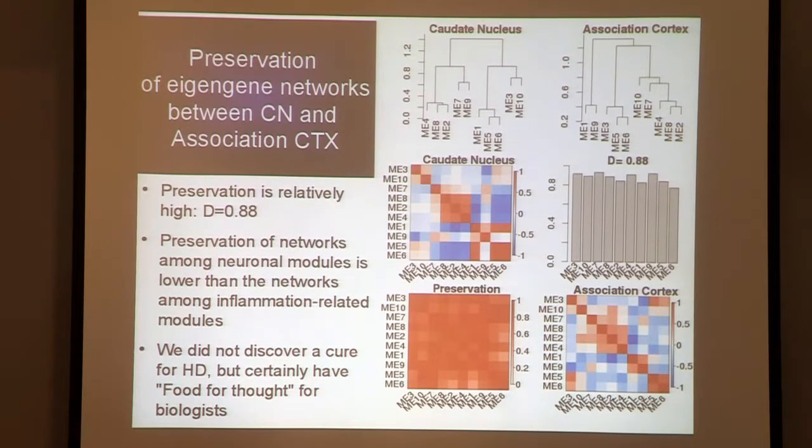This hasn't been super useful yet in terms of really discovering the underlying biology or cure for Huntington's disease, but it certainly provides at least some food for thought for biologists. It provides something that we can go to the biologists and ask, does this make sense? Is this something that we can push forward? Is this something that we can mine for further information?